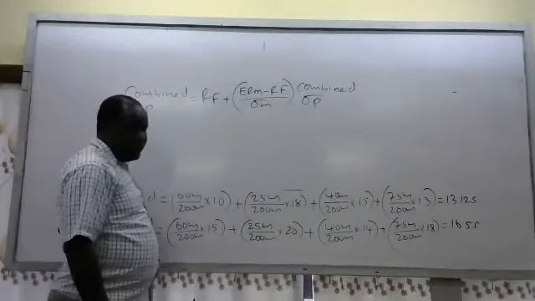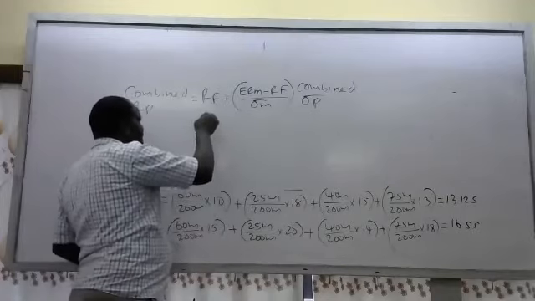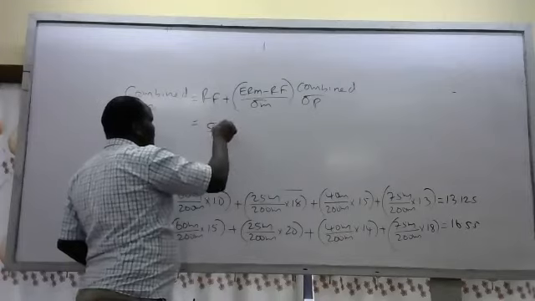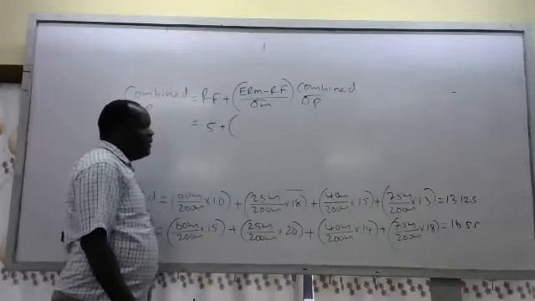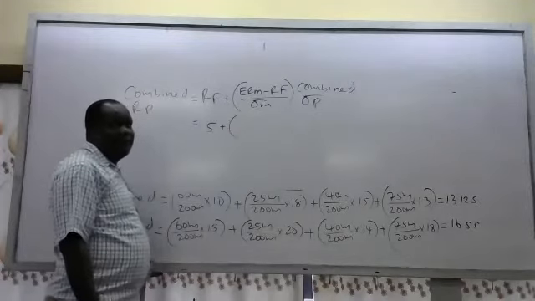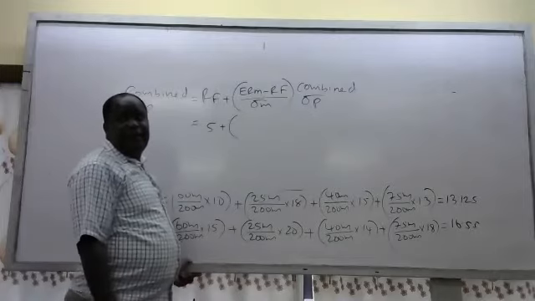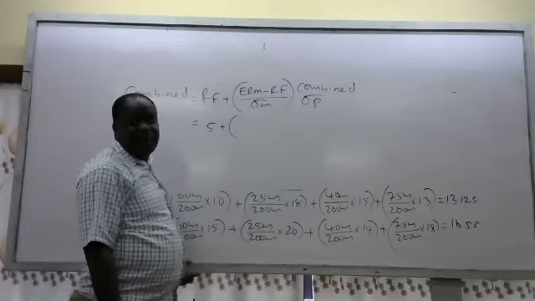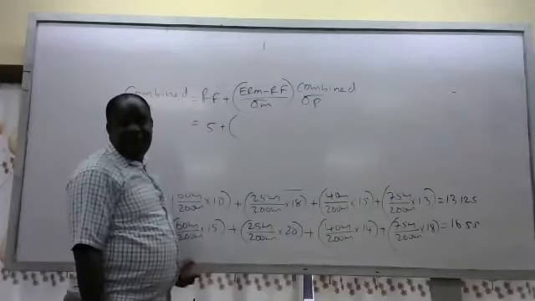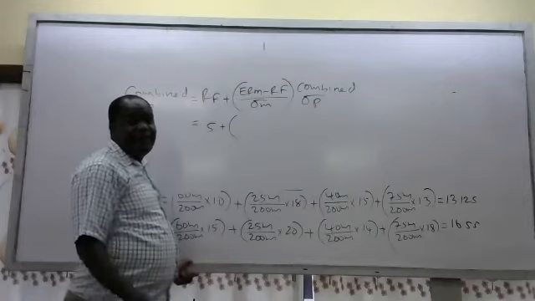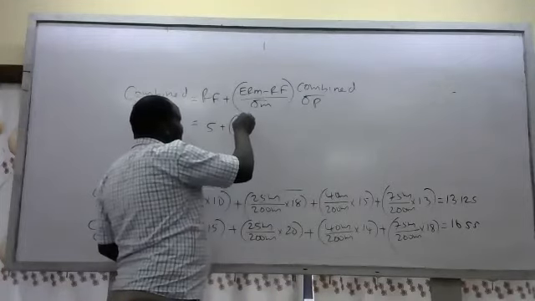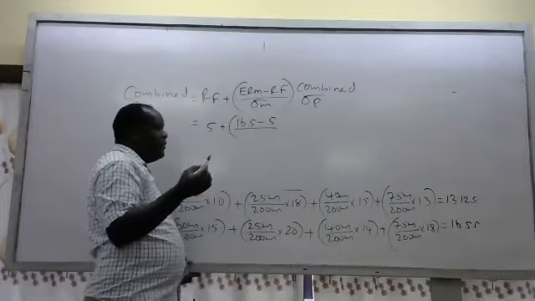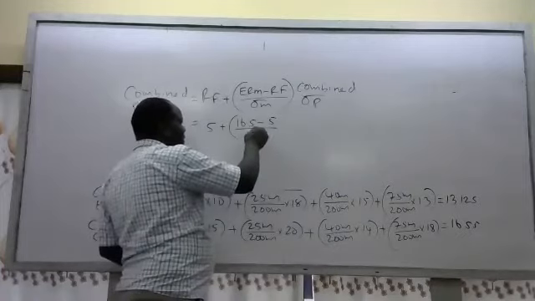So the risk-free rate, we know it is 5. Then plus the expected return for the market, was it 16.5? Yes, 16.5, minus 5. We know the standard deviation for the market was 13.